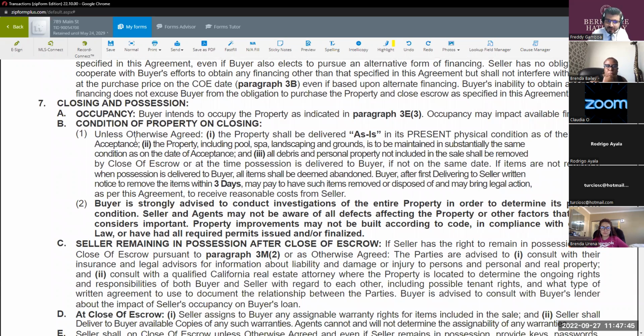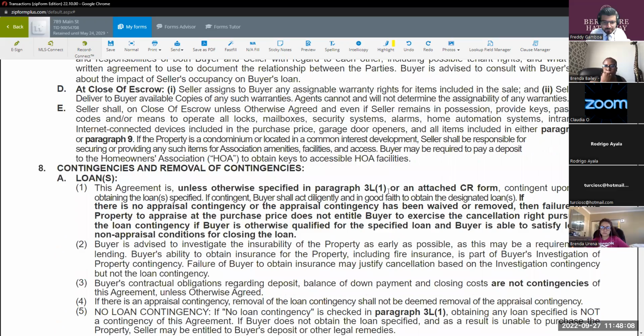Unless otherwise agreed, the property shall be delivered as is in its present physical condition as of the date of acceptance. The property, including pool, spa, landscaping, and grounds, is to be maintained in substantially the same condition. So no need to put as is, because it's already here. It's already been initialed and signed by both parties.